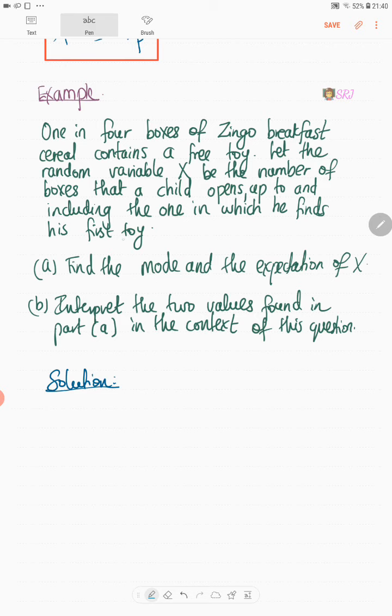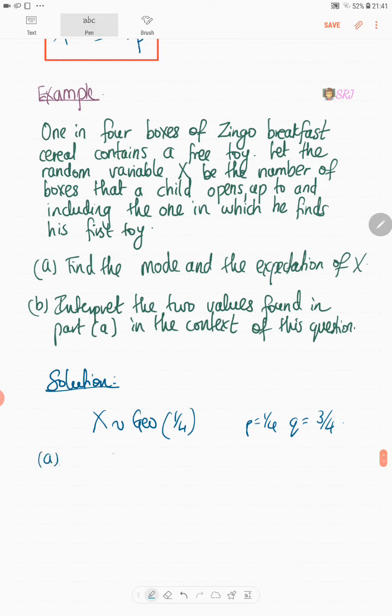Find the mode and the expectation of X. Here X follows a geometric distribution, and the probability of success is 1/4 because 1 in 4 boxes contains a free toy. So p is equal to 1/4, and q is equal to 3/4.